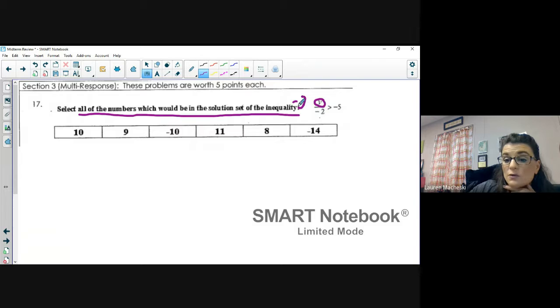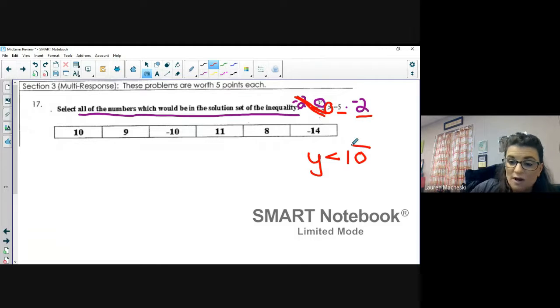So multiply both sides by -2. These cancel and you're left with y. I multiply both sides of an inequality by a negative, so that inequality sign gets flipped. -5 times -2 is +10. So right here it says y is less than 10.